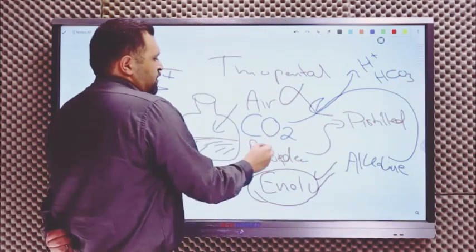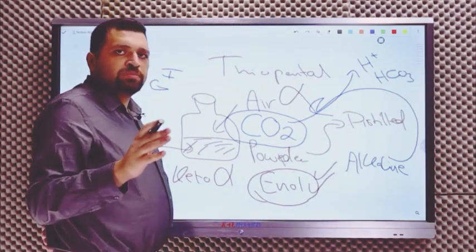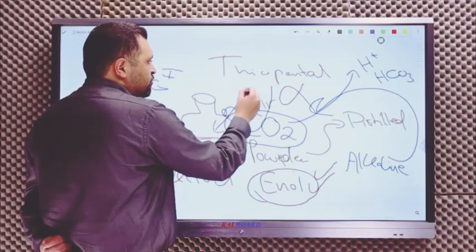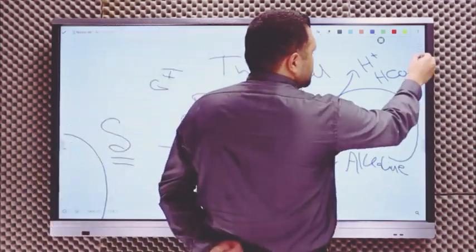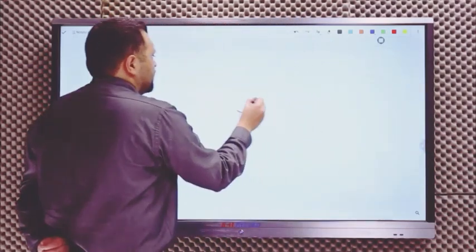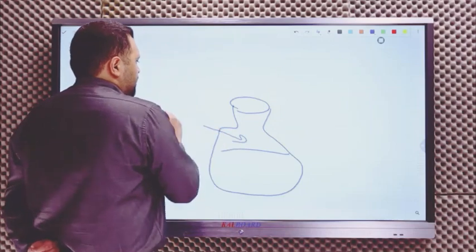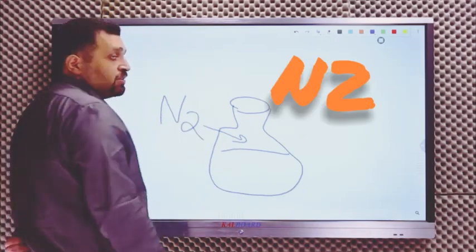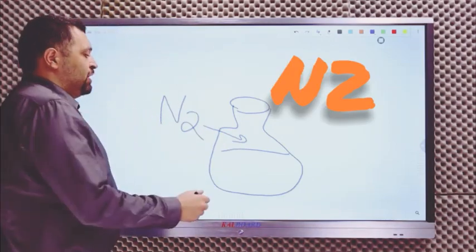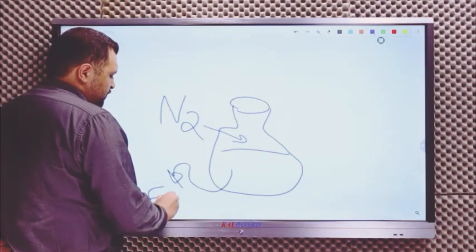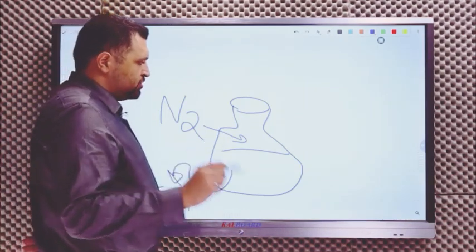So specifically, CO2 makes this acid, so we remove the air, and instead our friend put nitrogen instead of air to make the thiopental in the enol form and make it soluble.